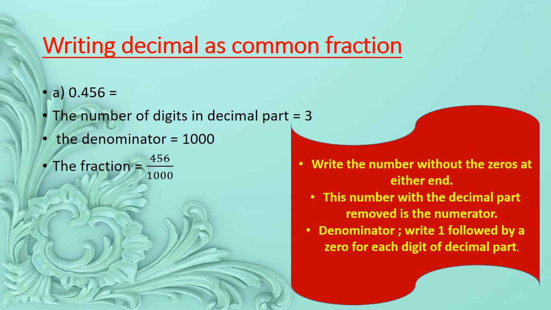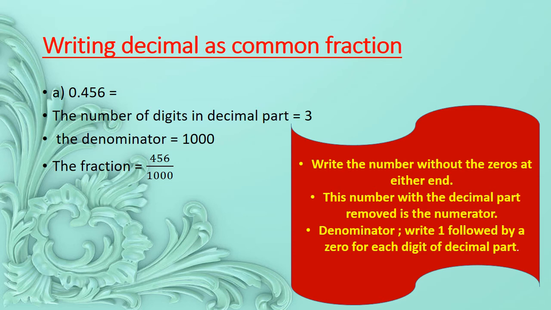Now students, let's see how we are going to write a decimal as a common fraction. So first example is 0.456. Now first we have to see how many digits are there after the decimal point, because we have to remove this point. As you know, in a fraction, numerator and denominator both are needed.